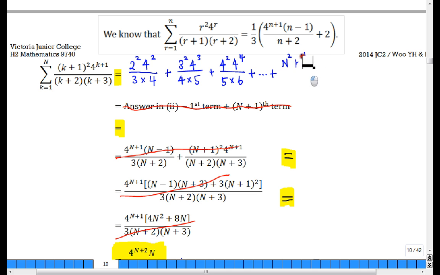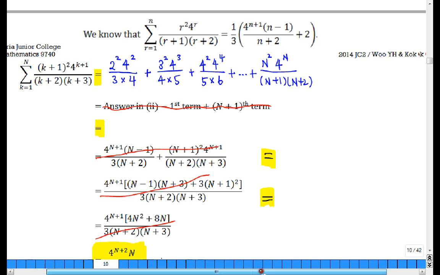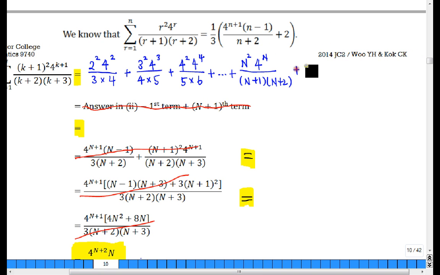The second last term is (n minus 1) squared times 4 times (n minus 1) over n times (n plus 1). And then the last term will be n squared times 4n over (n plus 1)(n plus 2), where I change the k to n.